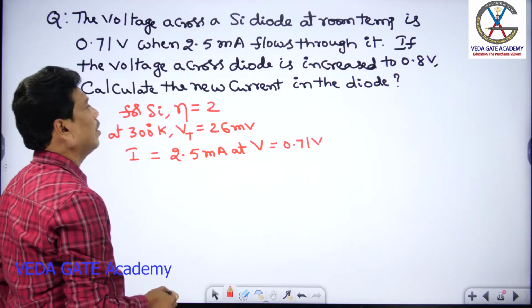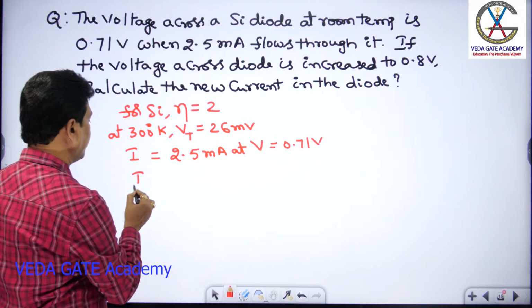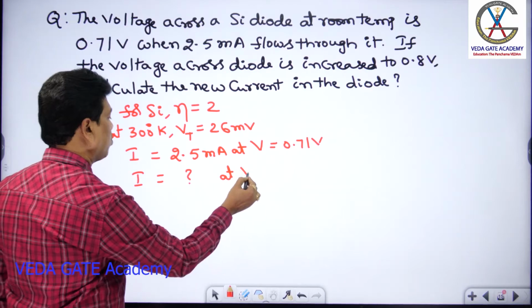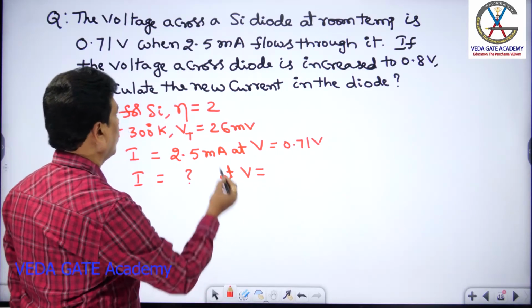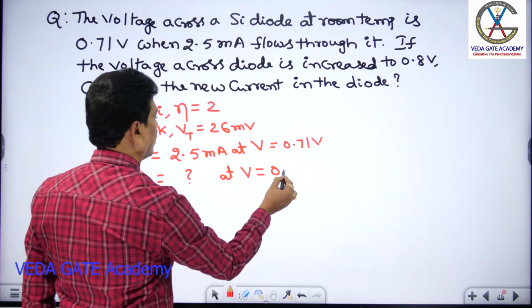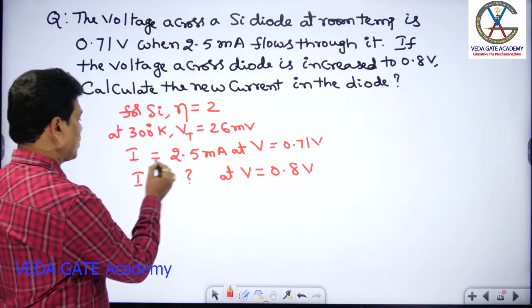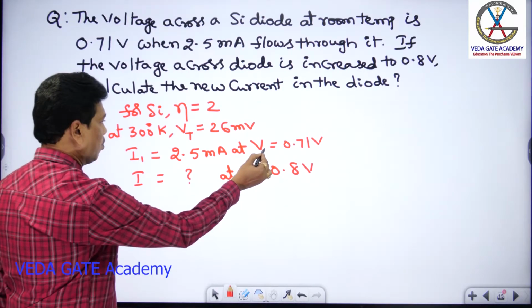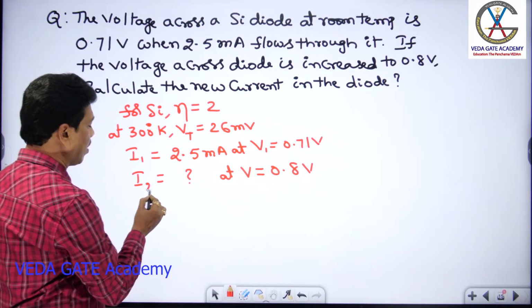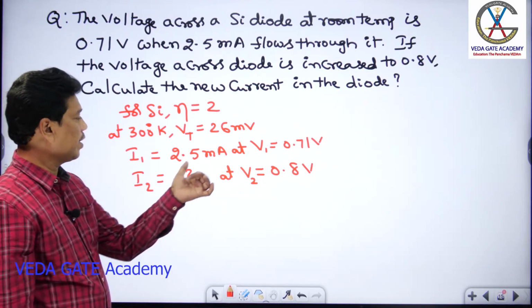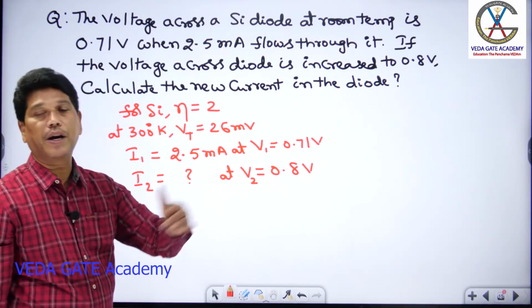You're asking what is the current when the forward bias voltage becomes 0.8 volt. So this is the current I1 at a forward voltage V1, and this is I2 at forward voltage V2. I need the corresponding current at another voltage of 0.8 volt.